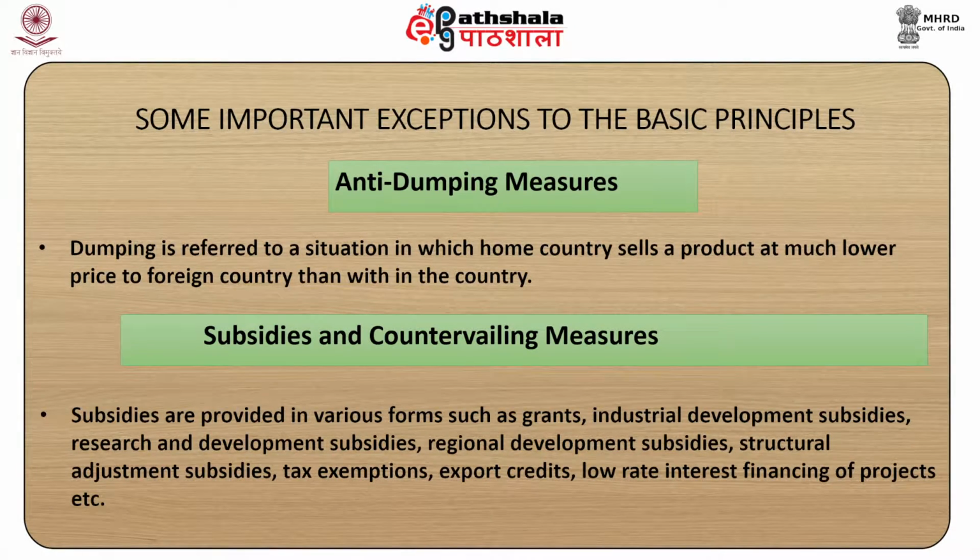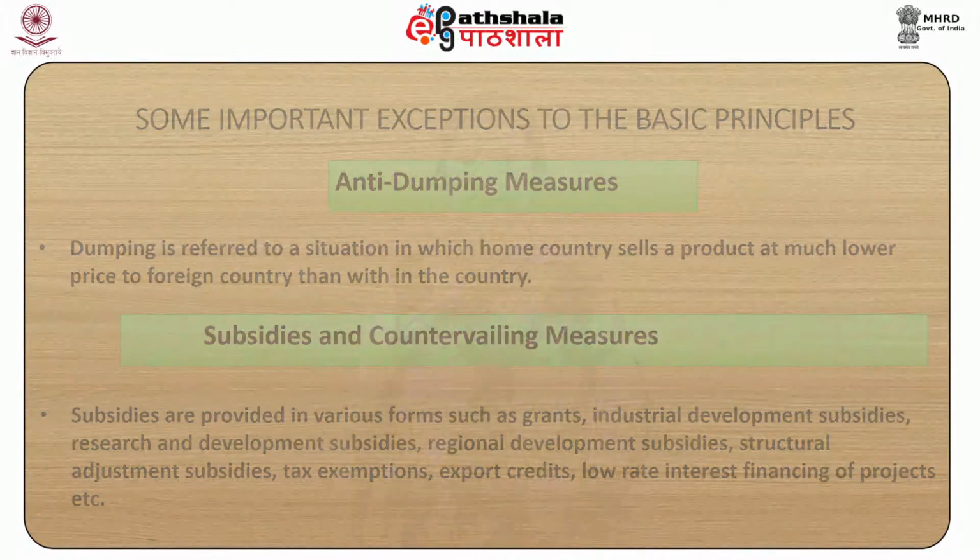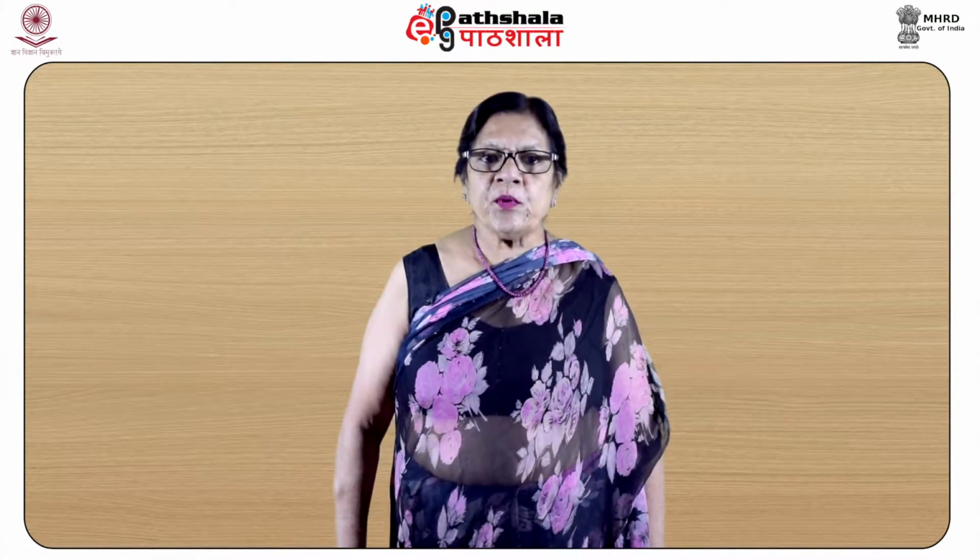Subsidies and countervailing measures. Subsidies are provided in various forms such as grants, industrial development subsidies, research and development subsidies, regional development subsidies, structural adjustment subsidies, tax exemptions, export credits, low rate interest financing of projects, etc. Though subsidies provide protection to domestic industries, they may hamper competition that would prevail in a free market system.